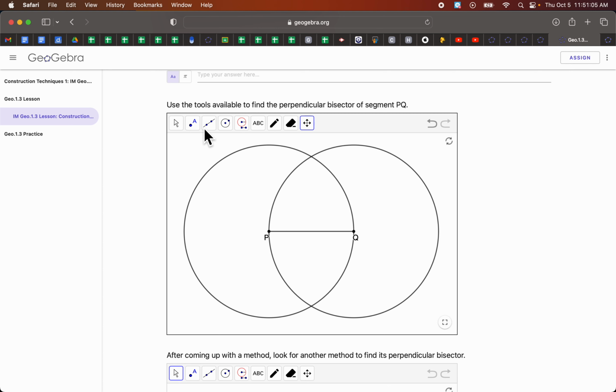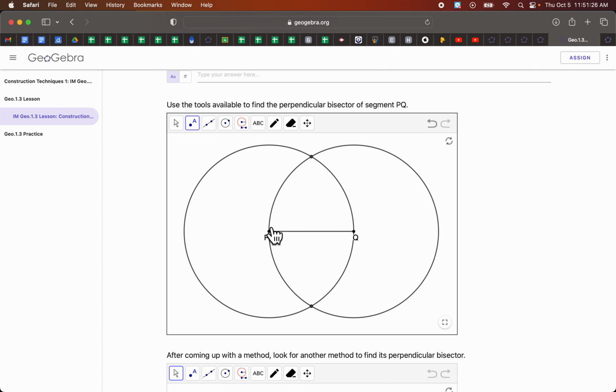We know that this point right here and this point right here are the same distance away from P and Q, right? They're the same distance away from P as they are from Q. Okay.